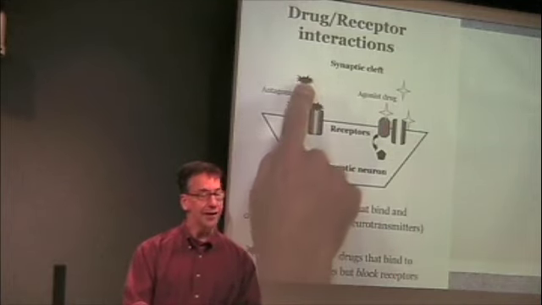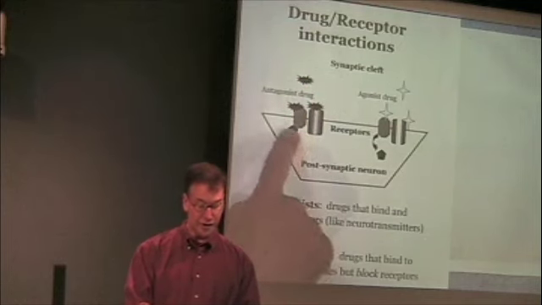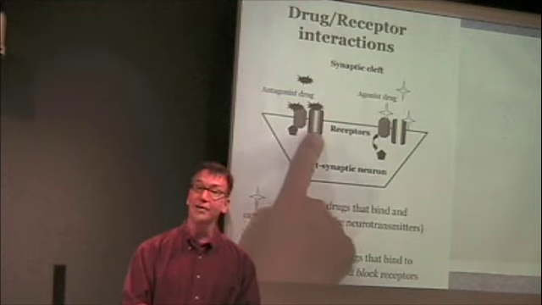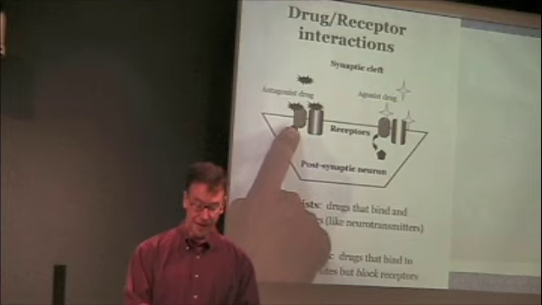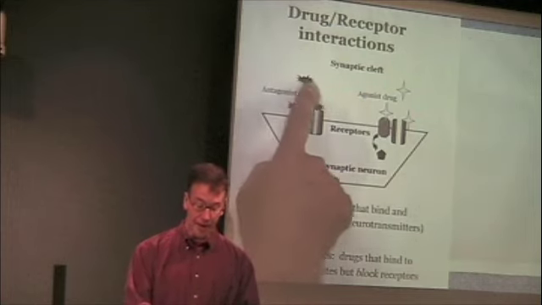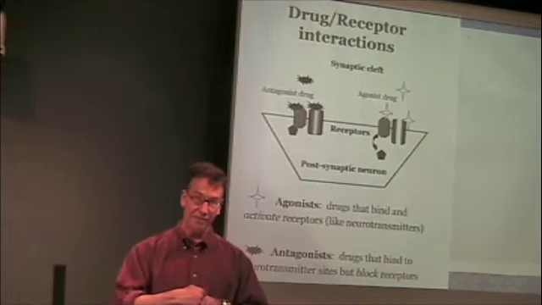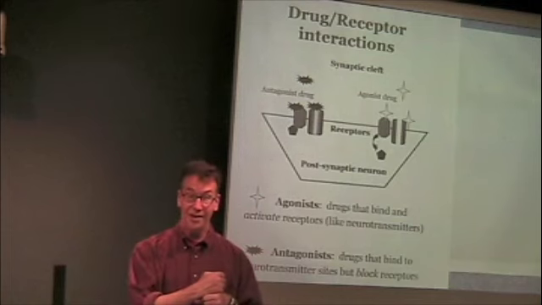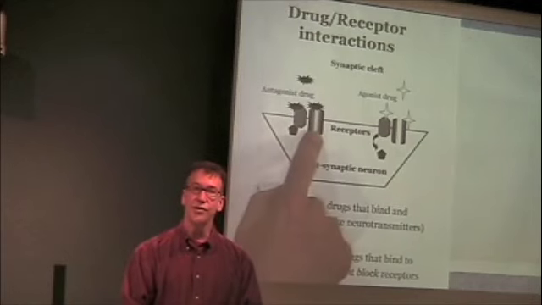Now, this drug right over here is going to interact with these two different kinds of receptors, our ionotropic receptor and our metabotropic receptor. When this particular chemical comes in and interacts with these receptors, it binds to it, and it causes a change in shape, but the change in shape prevents the normal functioning of this receptor.